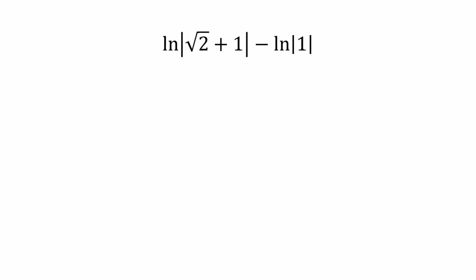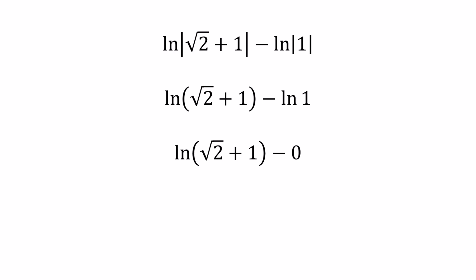Evaluating the absolute values, we get ln of root 2 plus 1 minus ln of 1. Evaluating ln of 1, we obtain ln of root 2 plus 1 minus 0. Subtracting, we arrive at a final answer of ln of root 2 plus 1.